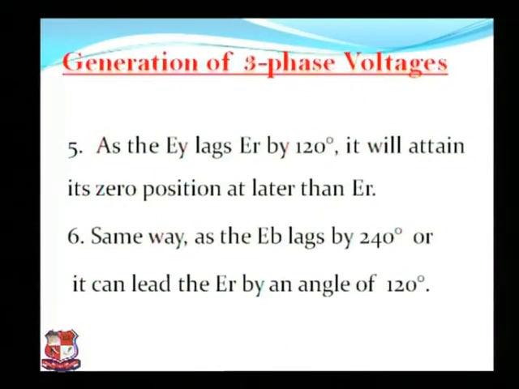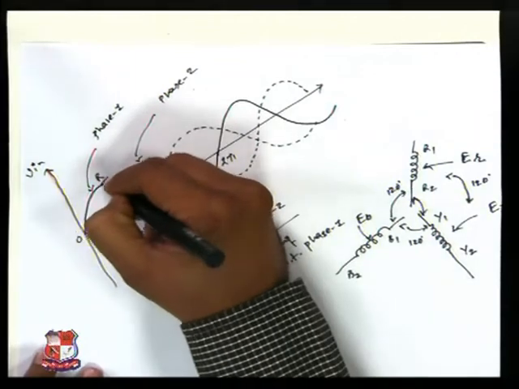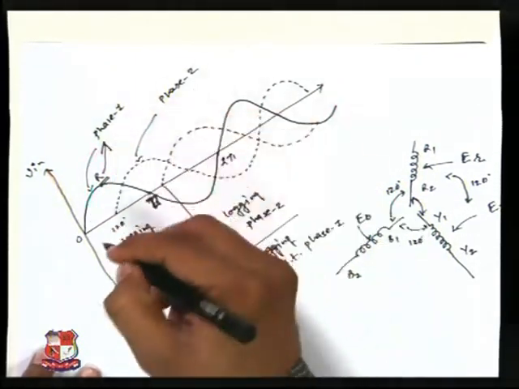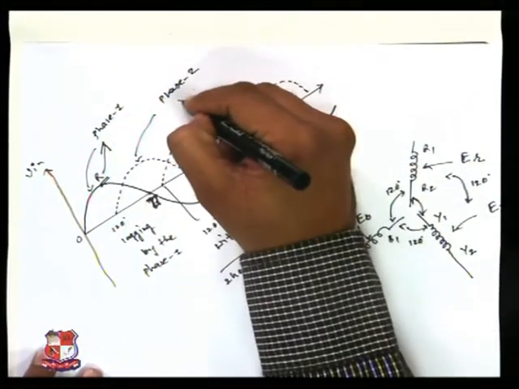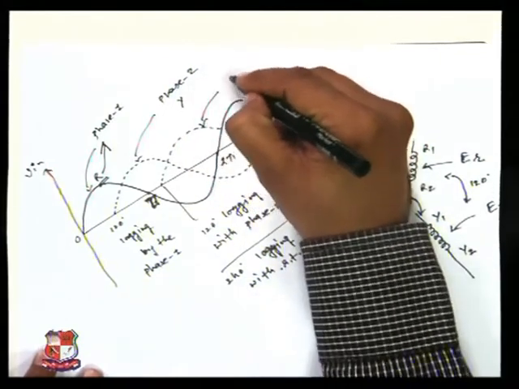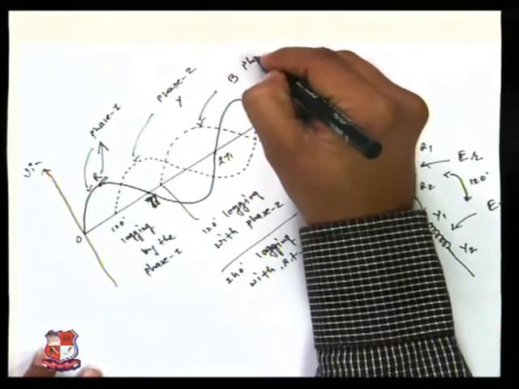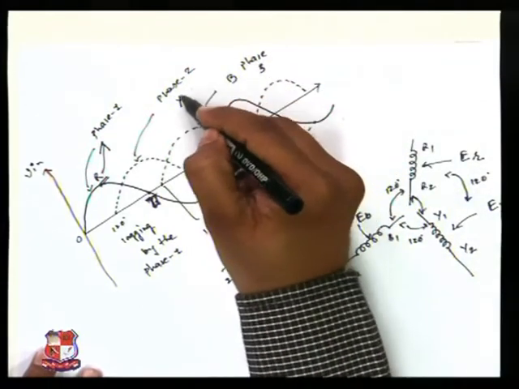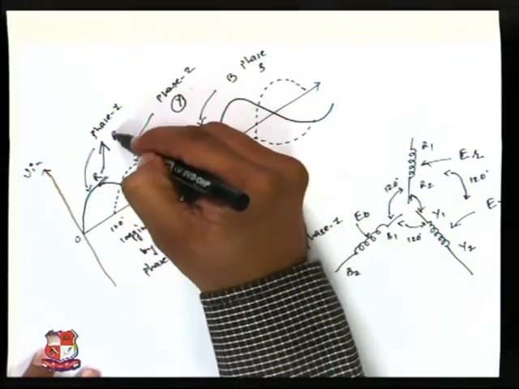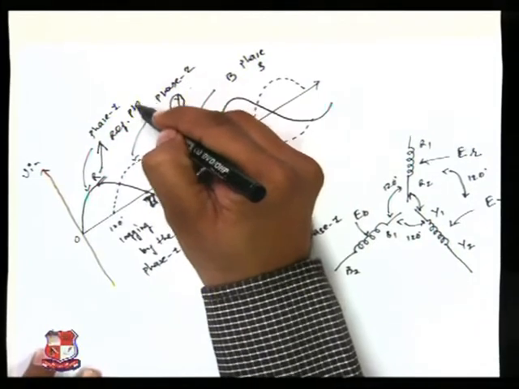So from our figure, if I say R is phase 1, Y is phase 2, and B is phase 3, then definitely R is the reference phase.